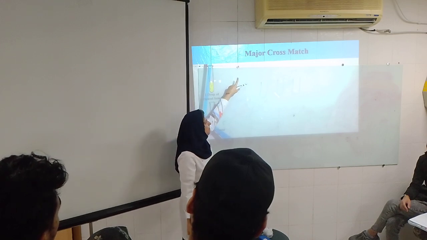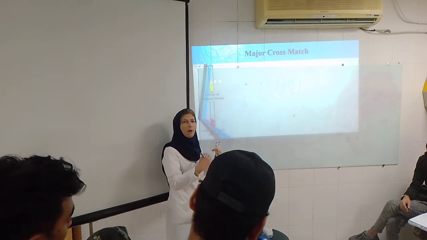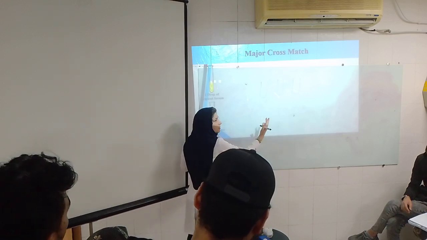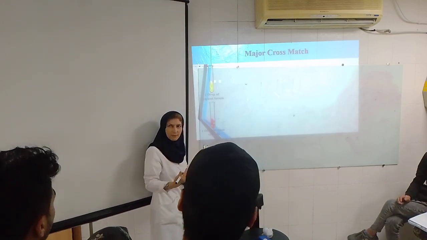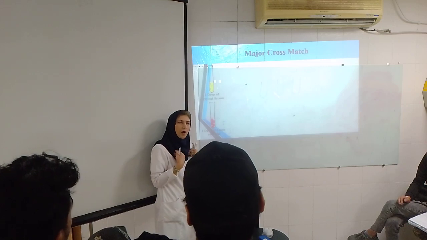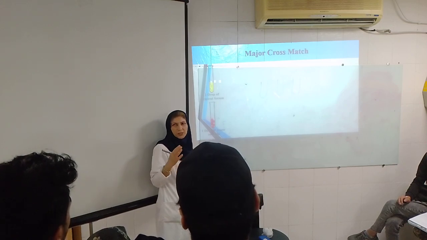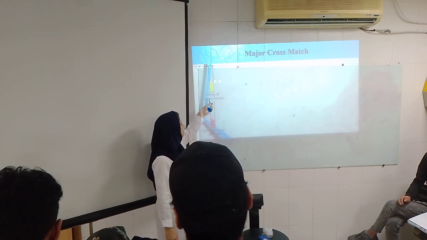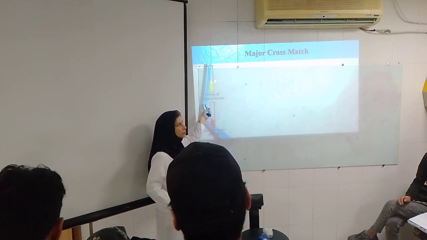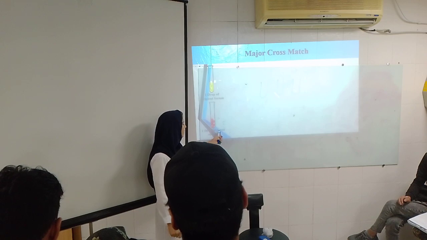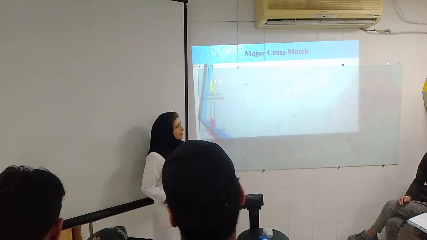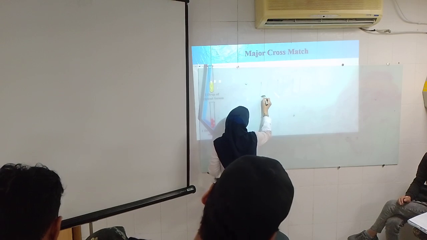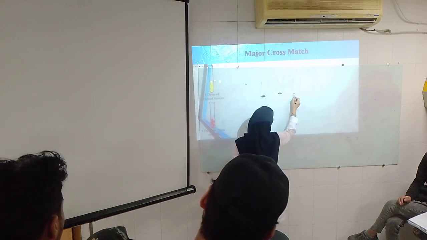This is related to major cross-match. In minor cross-match, this is vice versa, but all of the steps are similar in major and minor. I told you, it relates to our laboratory. It doesn't have a relationship with your work in the clinic. So just consider 2 drops of recipient or donor and 2 drops of donor or recipient red blood cells. We mix them in all of these tubes.